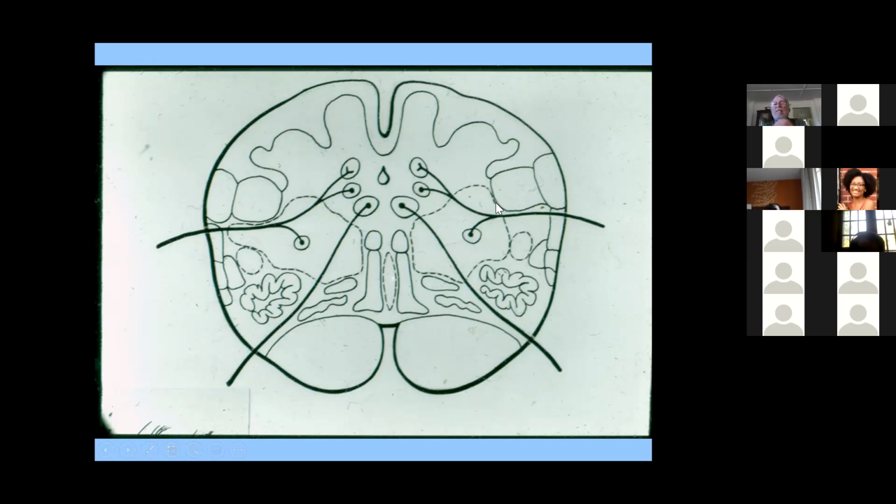Then we looked at the fasciculus gracilis and the fasciculus cuneatus synapsing onto the nucleus gracilis and nucleus cuneatus. And of course, we see this very strongly here with the nucleus gracilis here and the nucleus cuneatus here.